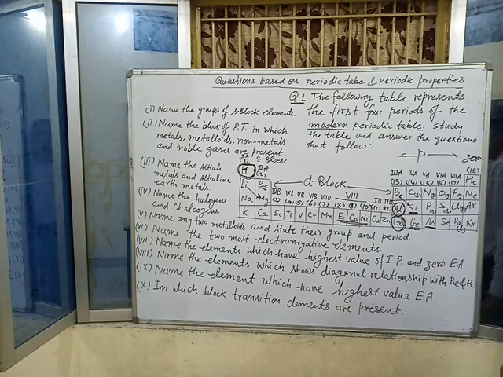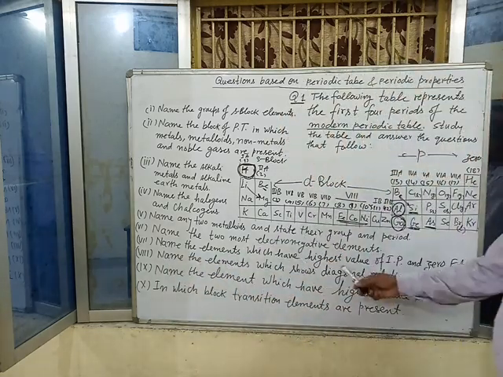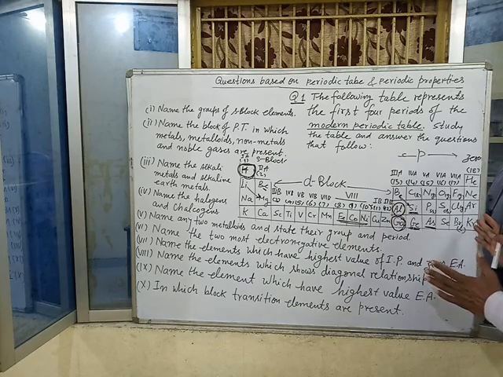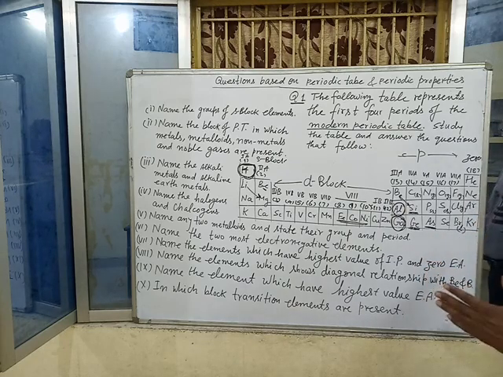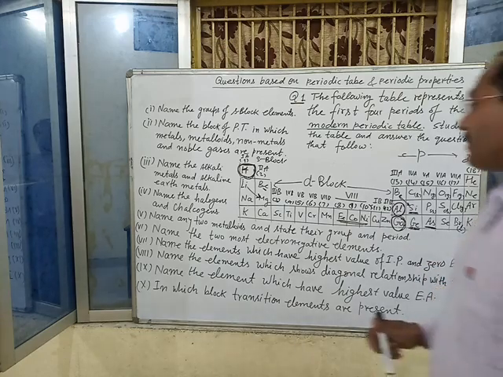This is your answer. Name the elements which have the highest value of ionization potential and zero electron affinity. Your answer is zero group elements, meaning helium, neon, argon, krypton, xenon. These are the elements which have the highest value of ionization potential in their respective period and zero electron affinity. Next question.